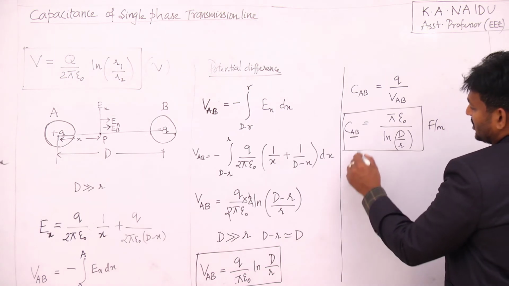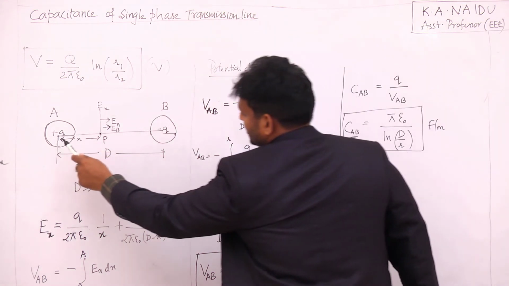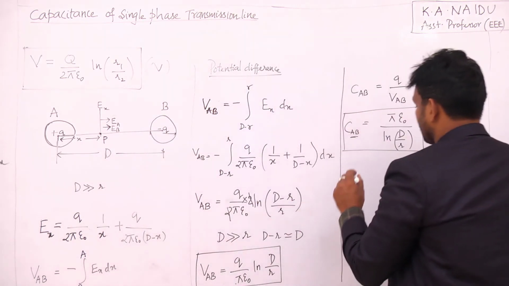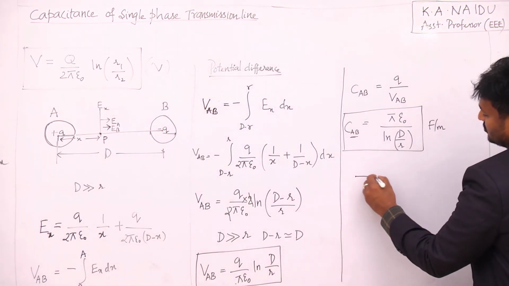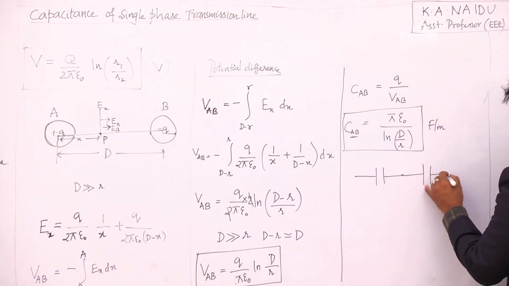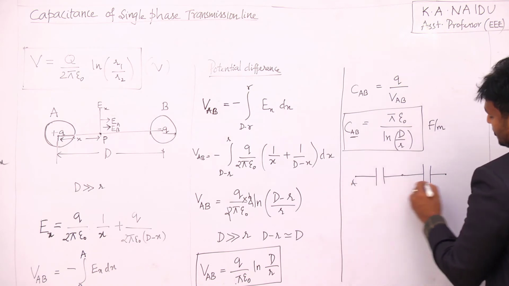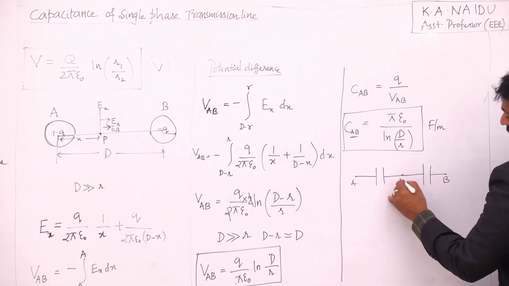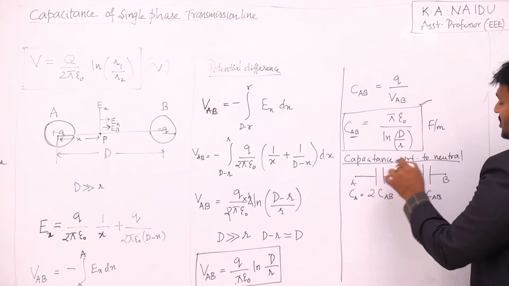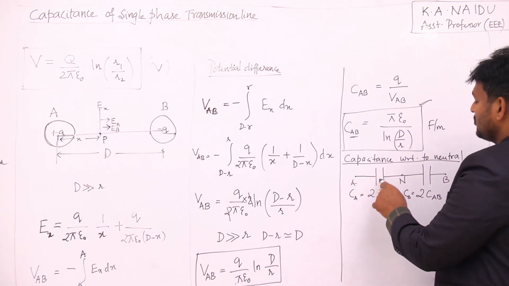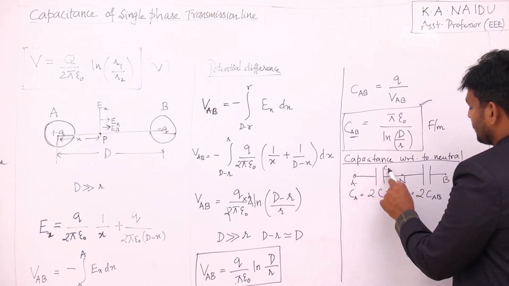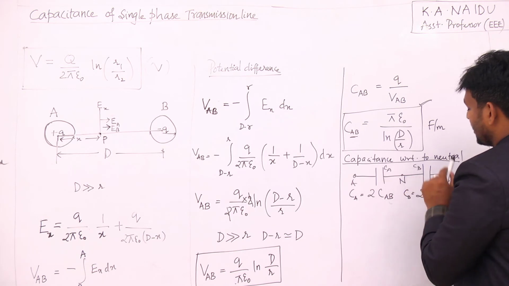Here, this conductor is at charge plus Q and this conductor is at charge minus Q, so there must be some point which is neutral. If you assume that there are two conductors in series, this is point A, this is point B, there must be some neutral point. So when you are asked to calculate the capacitance with respect to neutral, you can assume that there are two capacitors, CA and CB, connected in series.